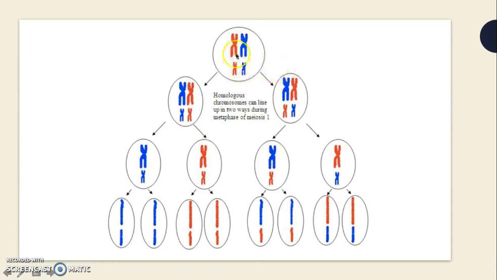So when they line up at the metaphase plate in meiosis 1 to separate, it doesn't matter the order in which they line up. It could be both blues on one side, or a blue on one side and red on the other side.